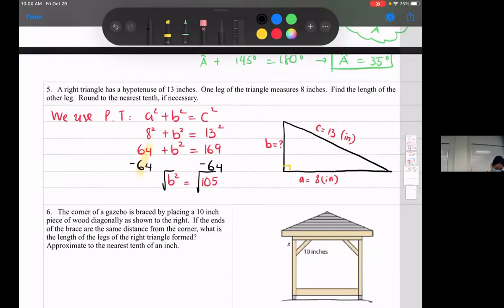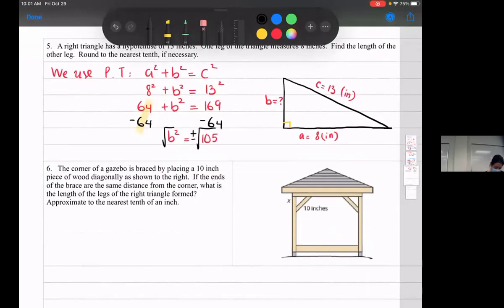When you take the square root, you need to put plus and minus. Here we don't care because length is always positive, right? So we don't need plus and minus. But when you go to intermediate algebra, they're going to require you to put plus and minus. So I'm going to do it right now so you get used to it. On the left-hand side, the square and the square root cancel each other, so just B.